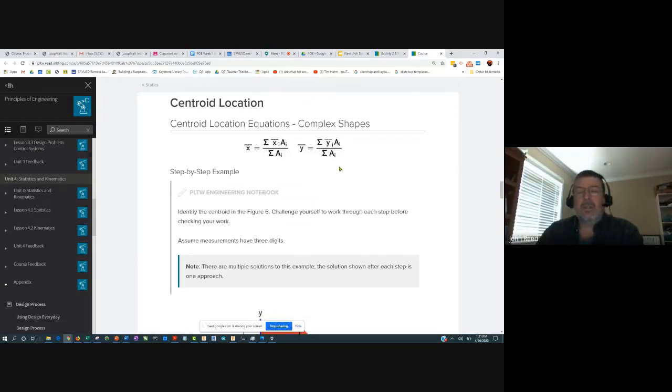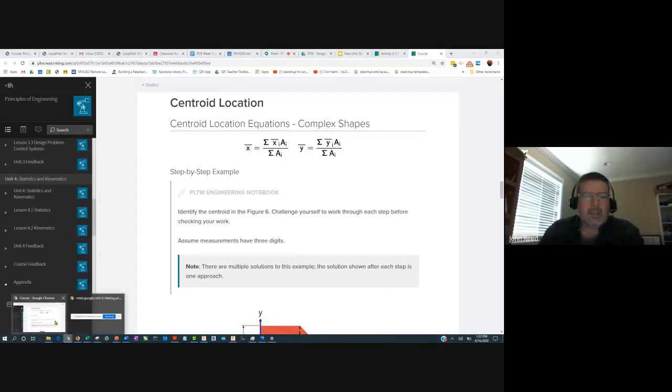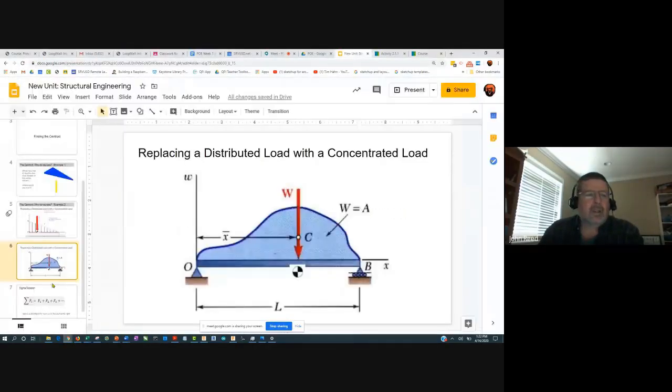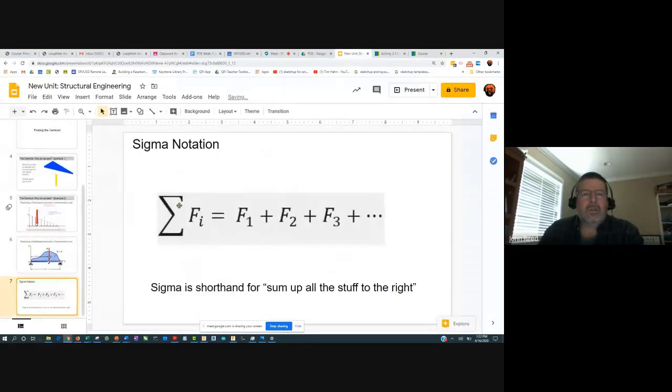So these equations here are the way that you can calculate the centroid of a more complex shape. So what do the sigmas mean? Capital sigma, many of you already know because you've taken math on it. In case some of you have not seen this as much, I want to point out what this sigma notation means.